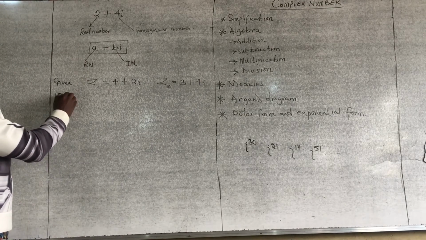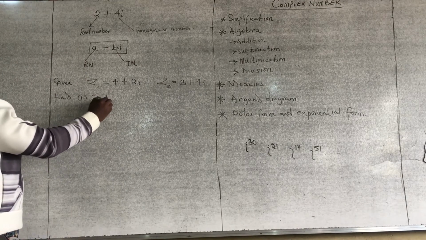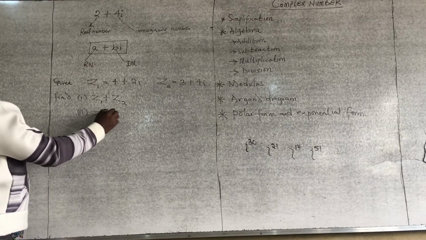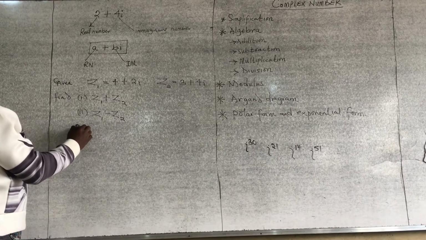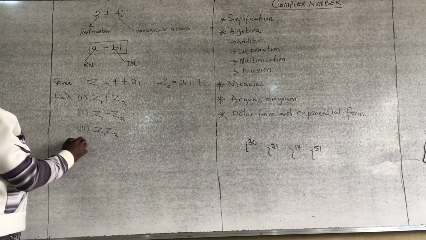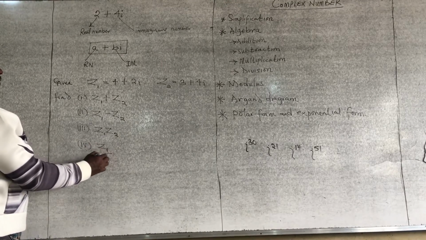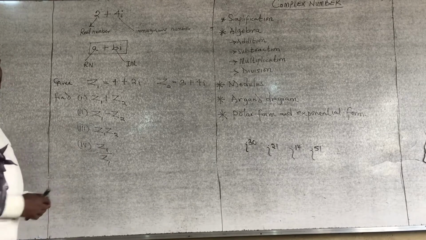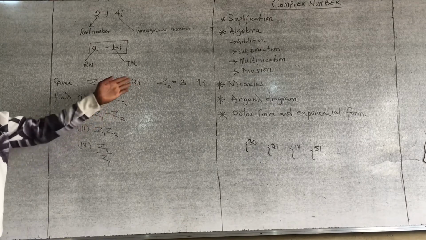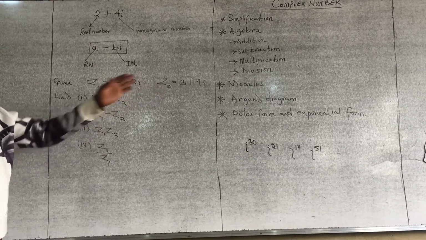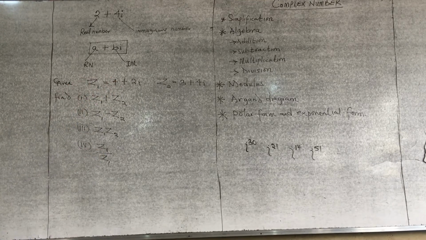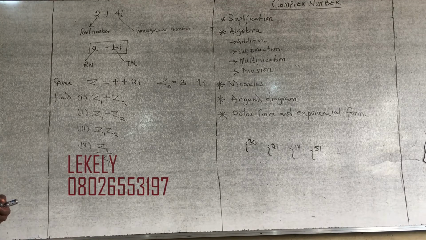You are now asked to find: 1, Z1 plus Z2; Z1 minus Z2; Z1 Z2; Z1 over Z2. Look at this. Here it's like saying add the complex numbers, subtract the complex numbers, multiply the complex numbers, and then what? Divide the complex numbers.